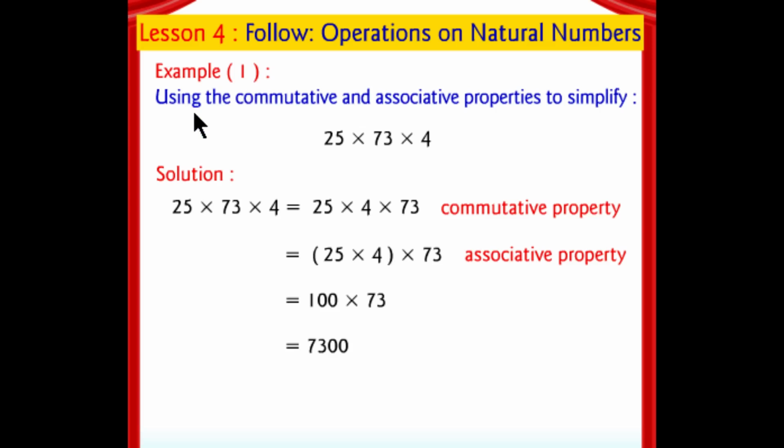Example 1. Using the commutative and associative properties to simplify 25 times 73 times 4. Solution.